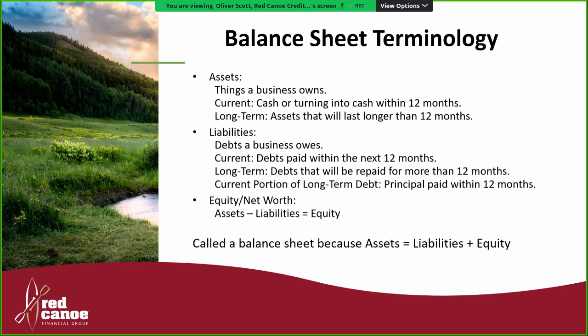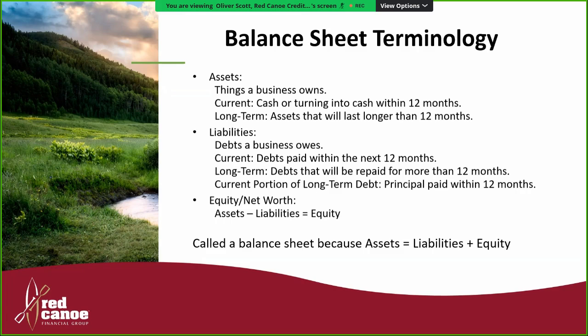Finally, you have equity or net worth. This is where you take the assets that you own, sell them, pay off your liabilities, and what you have left over is your equity. So it's assets minus liabilities equals your equity.